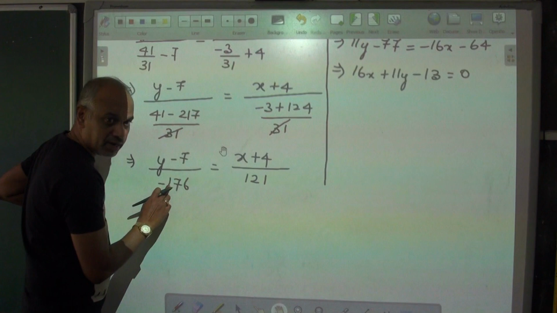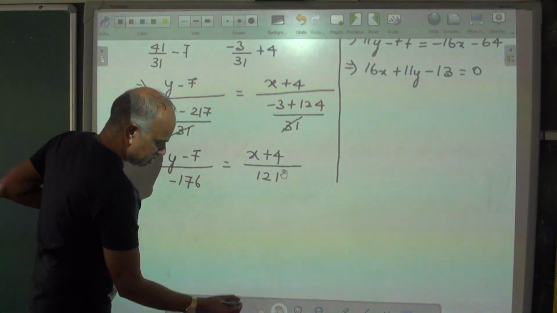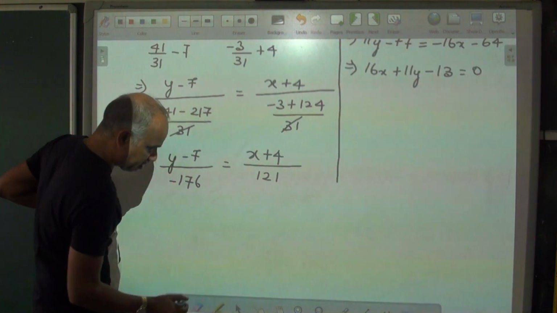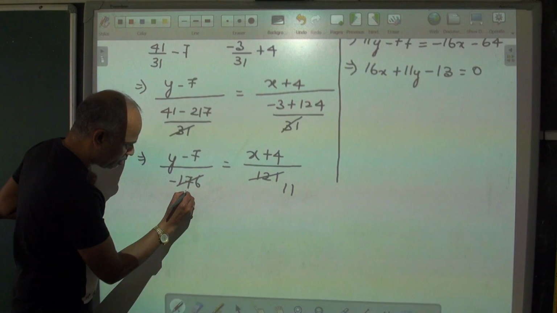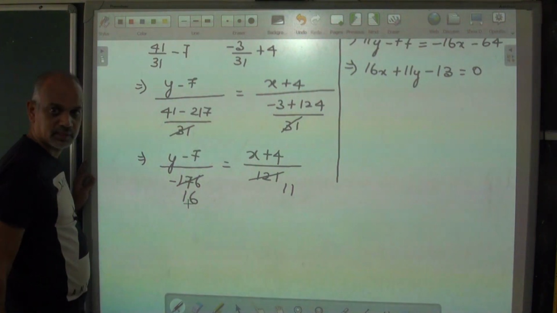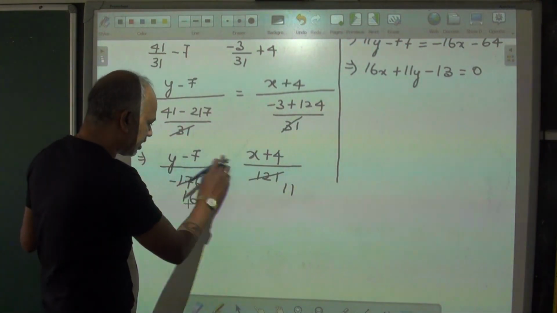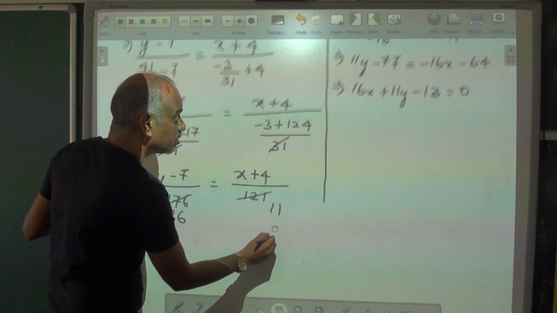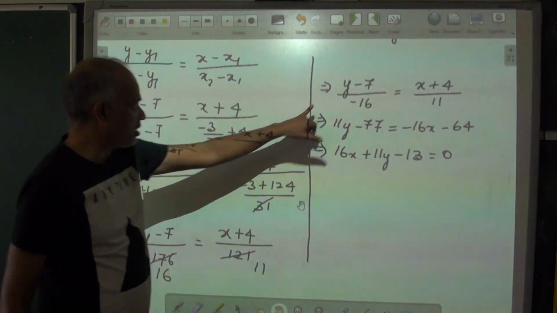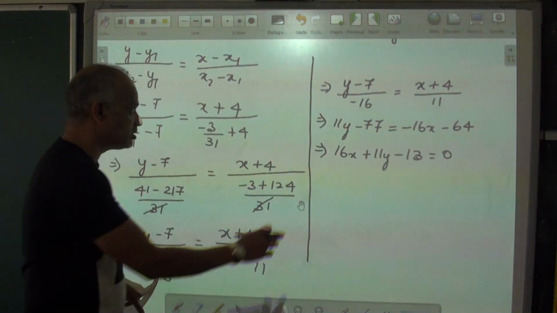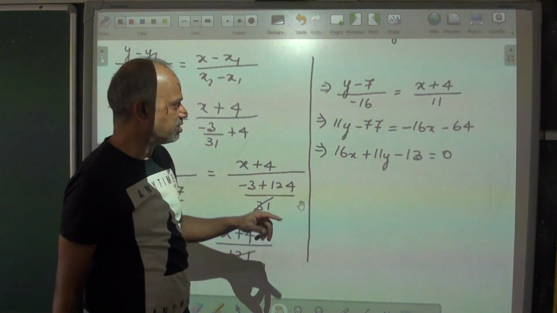Both these can be divided by 11. This can be divided by 11, 11s are. This can be divided by 11 once and 16 times. That's minus 16 times. Now cross multiply. So y minus 7 divided by minus 16 is equal to x plus 4 divided by 11.